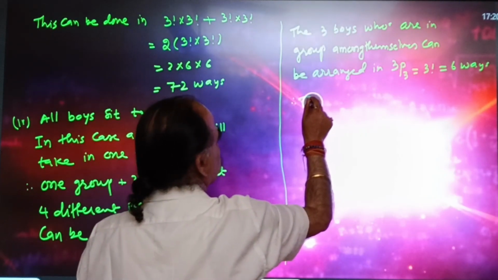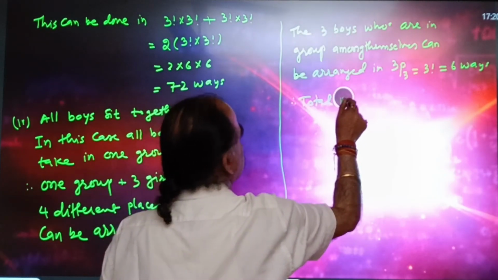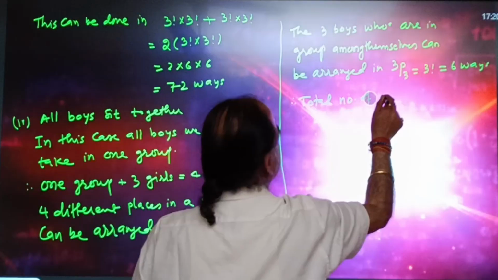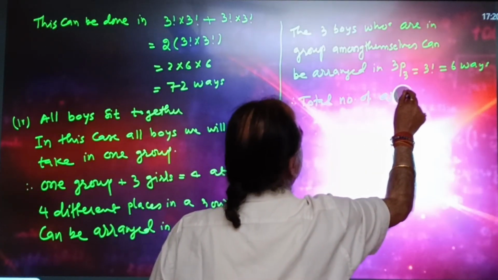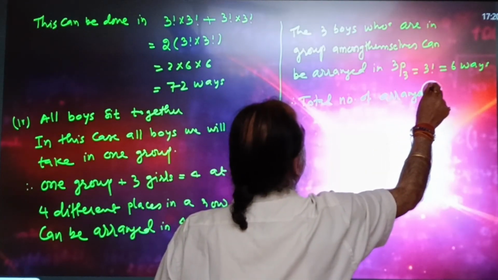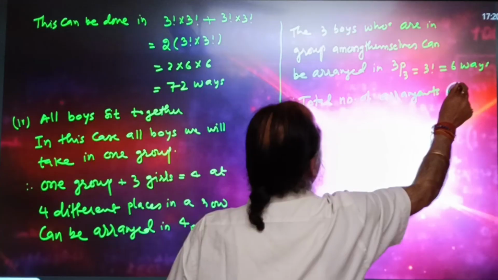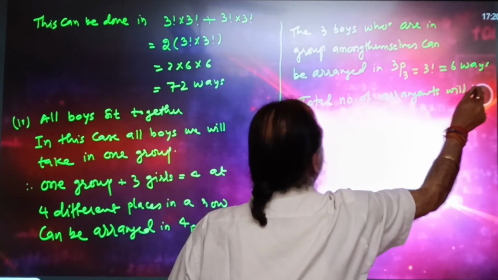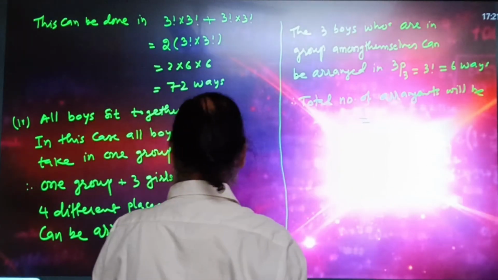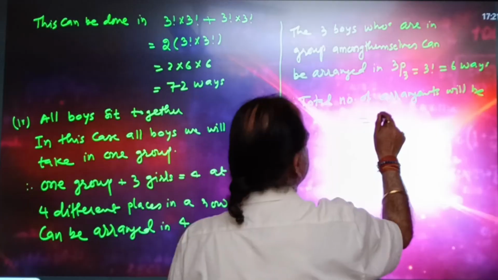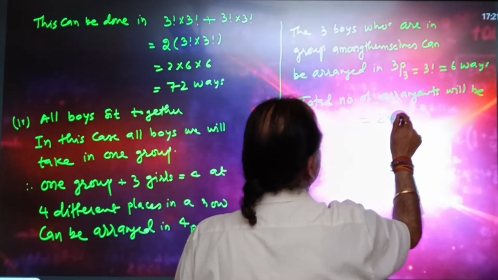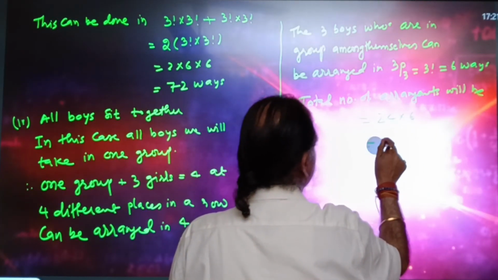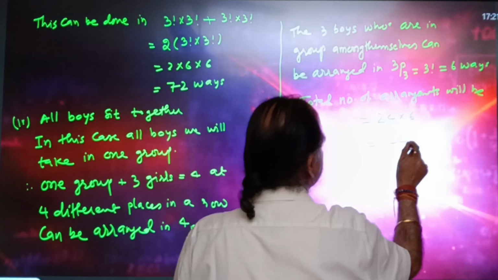Therefore, total number of arrangements will be 24 into 6 is equal to 144 ways.